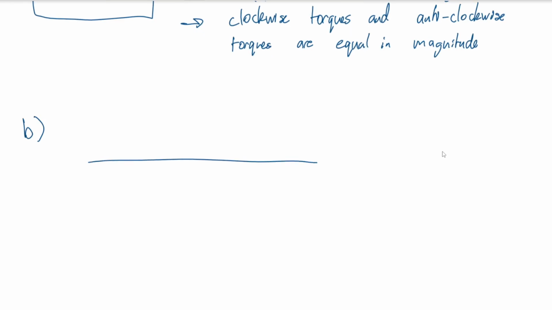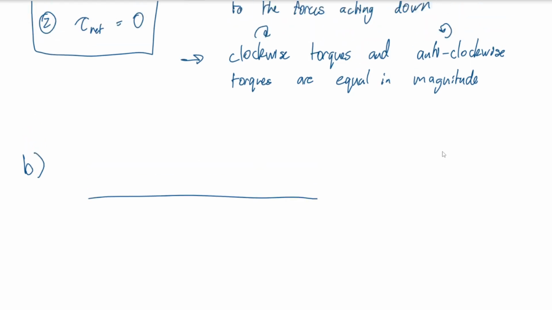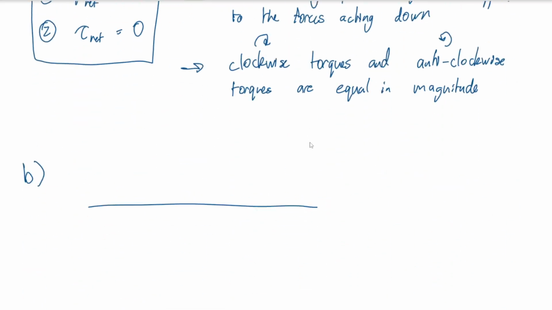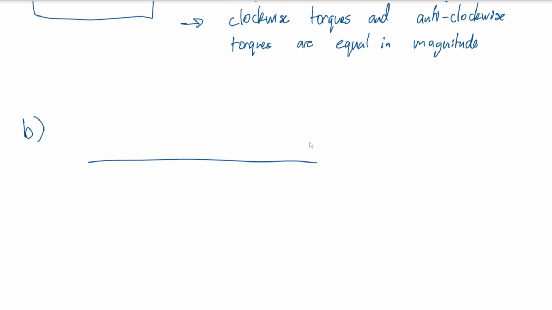So here is our desk. Let's start with the easy one, the one that we're given the assumption for. If it has a uniform density, for a shape like this, a rectangular shape that's symmetrical, the center of mass will be in its geometric center. So what I mean by that is the weight force of the desk is smack in the middle.